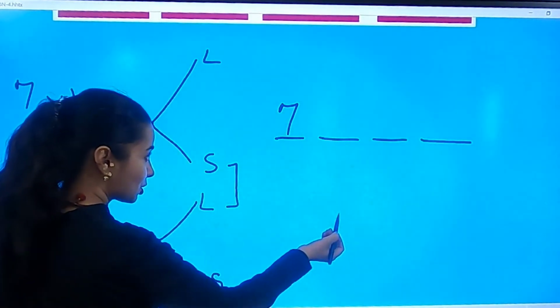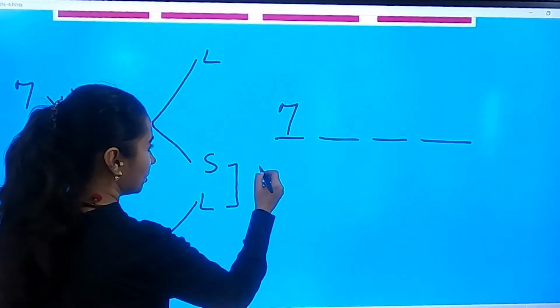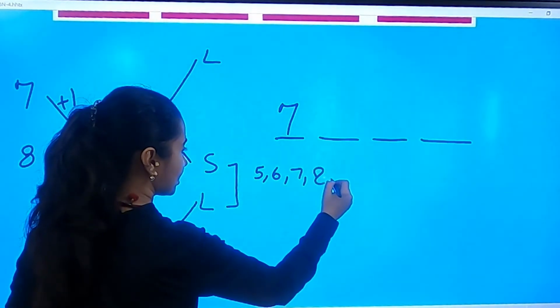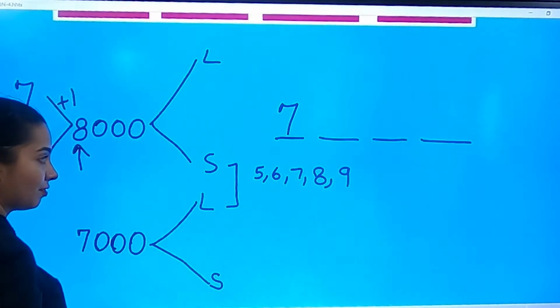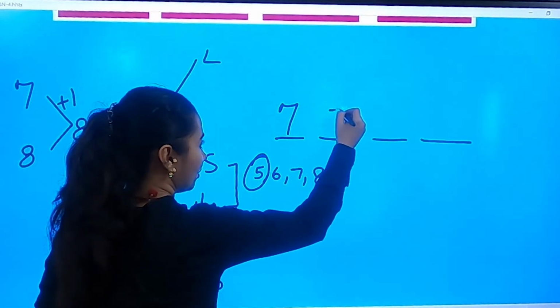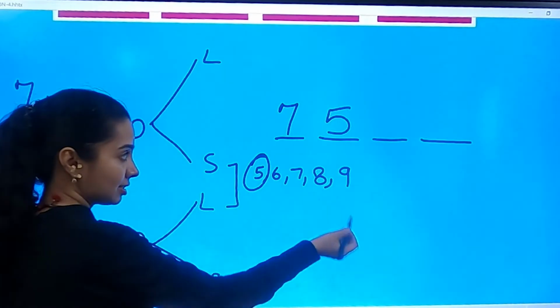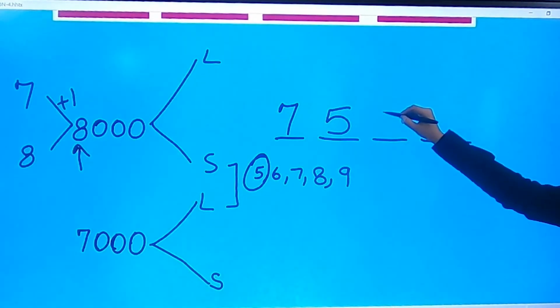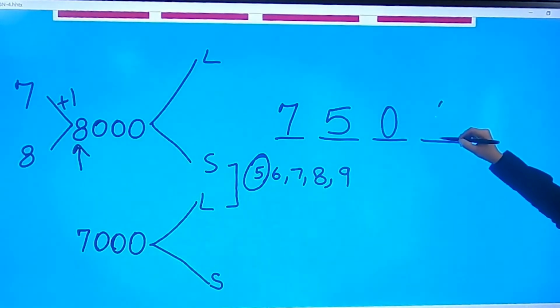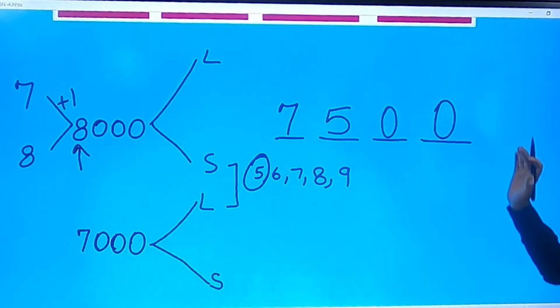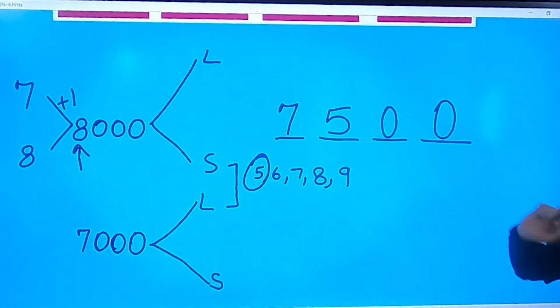So the digits which could come are 5, 6, 7, 8 and 9. Out of these 5 digits, I will choose the least possible. I will choose 5, and the digits further right don't make much difference. So I will take the least possible digit between 0 to 9. So I will take 0, 0 in both the places.